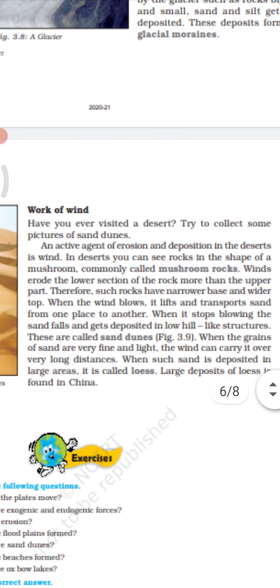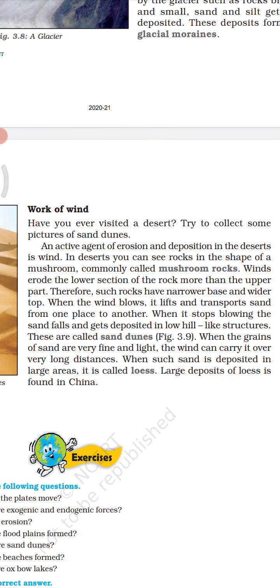Now, the work of wind. Have you ever visited a desert? Try to collect some pictures of sand dunes. An active agent of erosion and deposition in the deserts is wind. This is important. This is the agent of erosion.